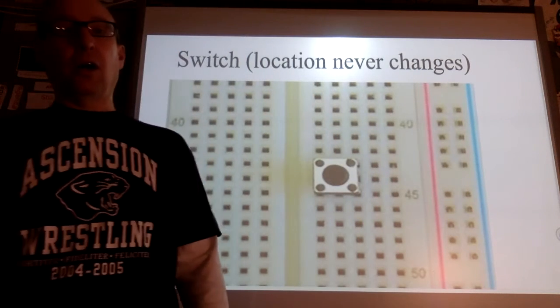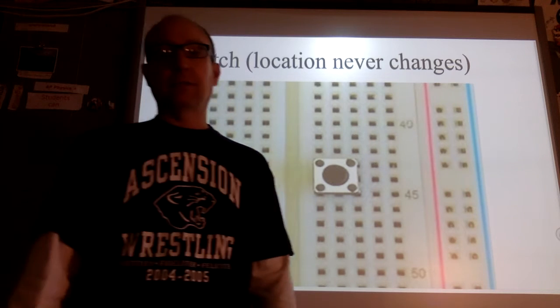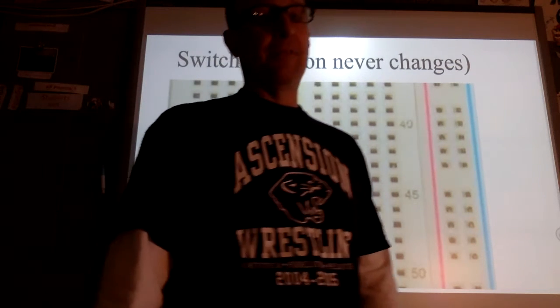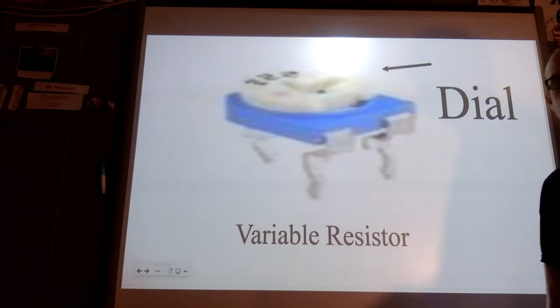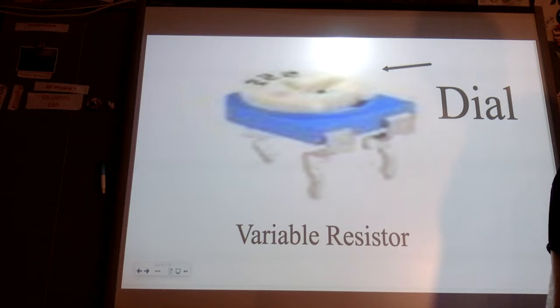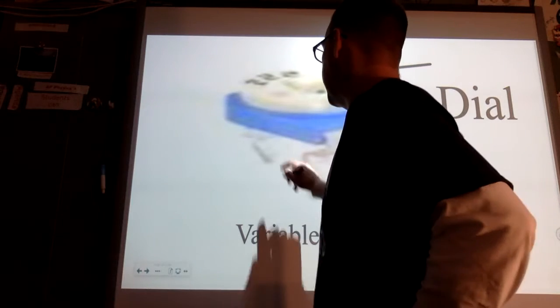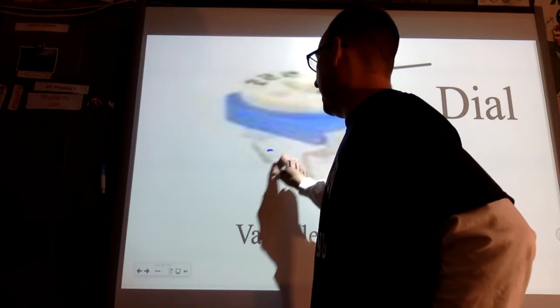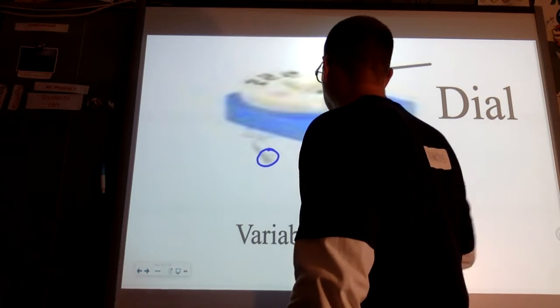In our labs, the switch is going to stay just in one single spot, so you don't have to ever take it out. It has tricky legs on it. You're going to have a variable resistor. It has a dial on it. Look close to this picture, not exactly. And the idea is that you're going to use this leg and then this one or that one.